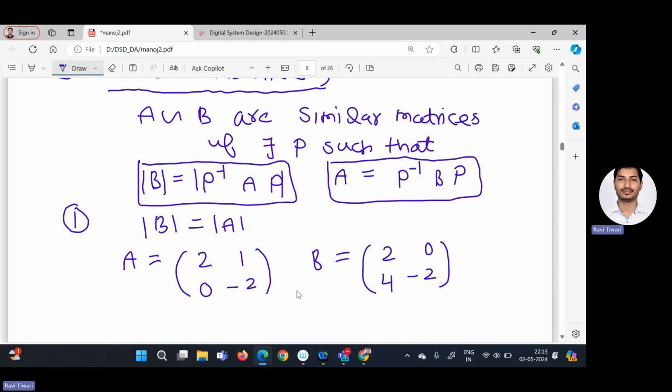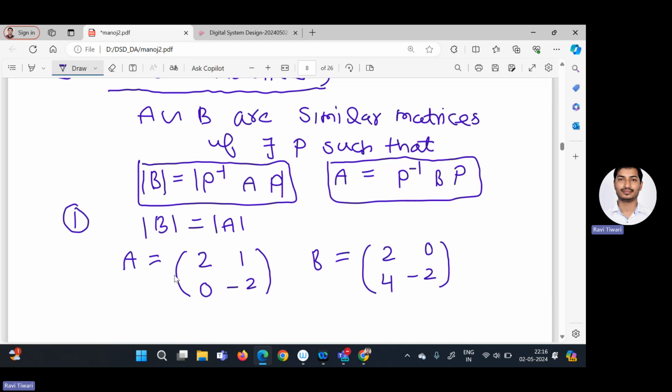The second point is about similar matrices. If you have two matrices A and B with the same eigenvalues, determinant and trace, can you say A and B are similar? This is also not true. If A and B are similar matrices, then this implies same trace, same determinant and same eigenvalues, but the converse is not true.